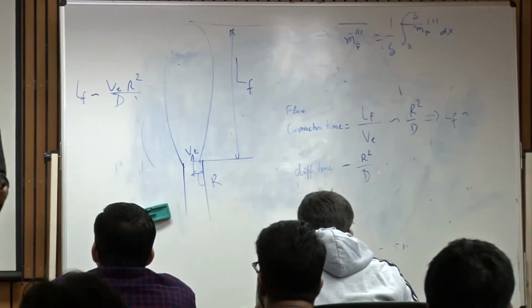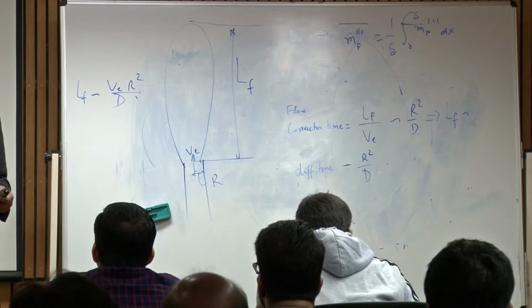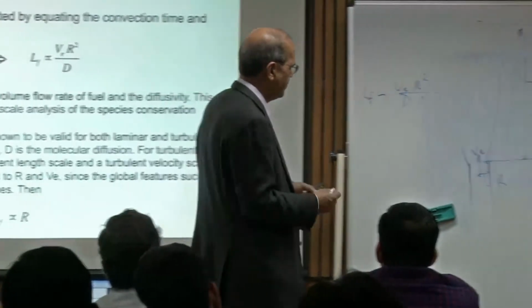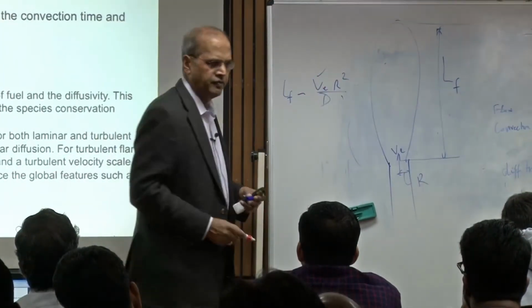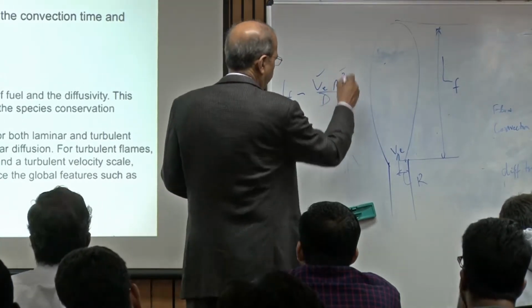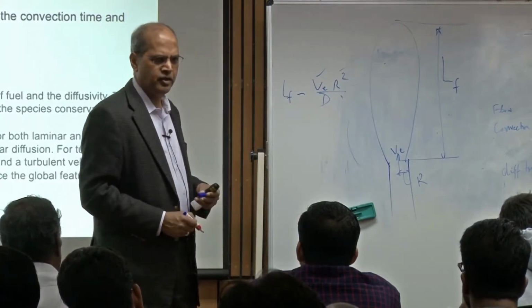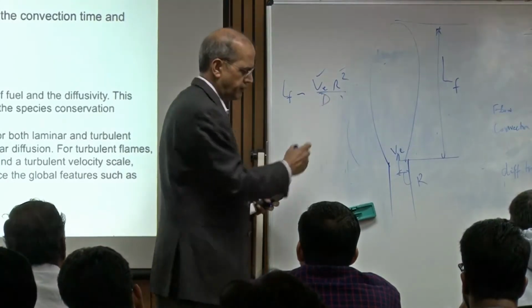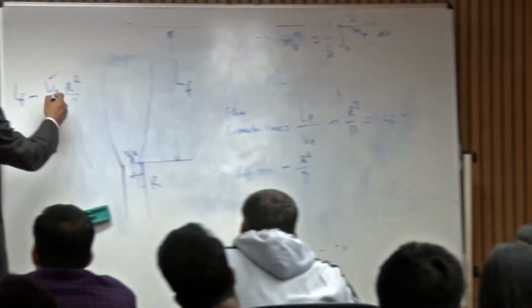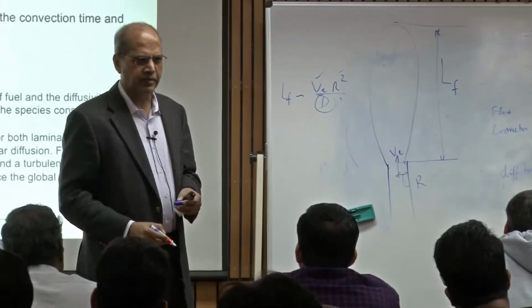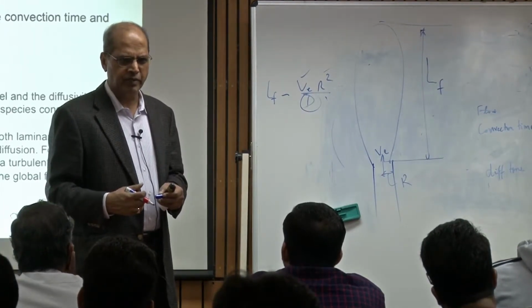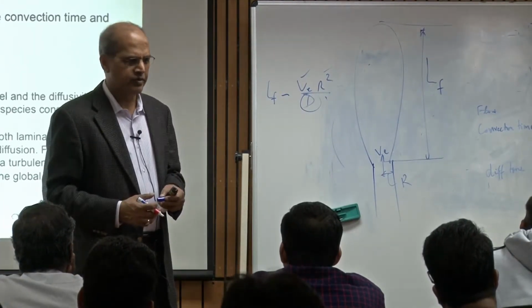So without solving any differential equations, you are able to get a very important result: the flame length increases with the jet velocity. It increases with the jet radius as R squared, but it decreases when the diffusivity is higher. So for a hydrogen flame, the flame length will be less compared to hydrocarbon flames.